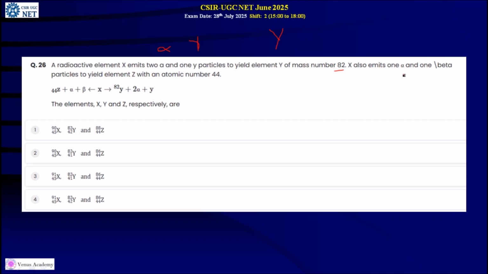X also emits one alpha and one beta particle to yield element Z with an atomic number 44. See, X is giving this side Z44 and this is 2 alpha and Y82. The elements X, Y and Z respectively are. The correct option for this question is option number 2, students. Next.